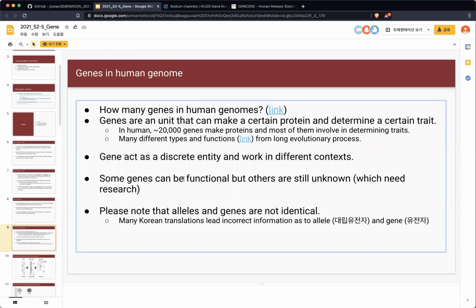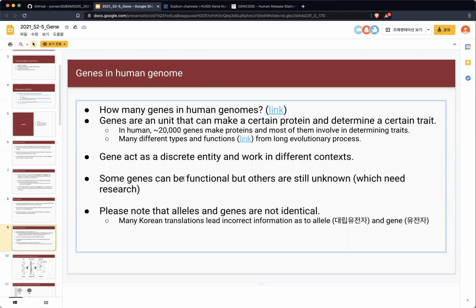One interesting part is that some genes are known to be functional, but other genes are still unknown. That's why we're still doing research. From the human genome, we know there are 20,000 protein-coding genes, and we know the functions of most of them, but a few are still missing in terms of their functionality in the biological system.